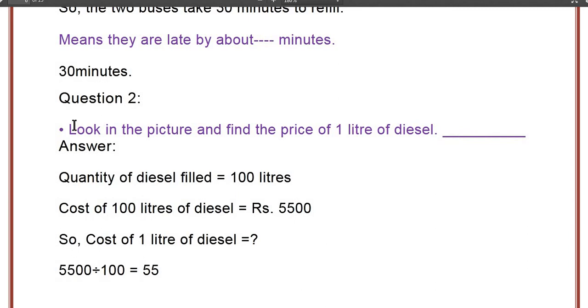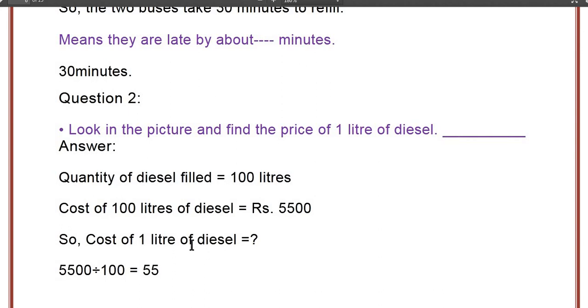Question number 2. Look in the picture and find the price of 1 liter of diesel. Quantity of diesel filled is equal to 100 liters and cost of 100 liter diesel is equal to 5500 rupees. So cost of 1 liter is equal to how much? When it is for 1, then it is a division.